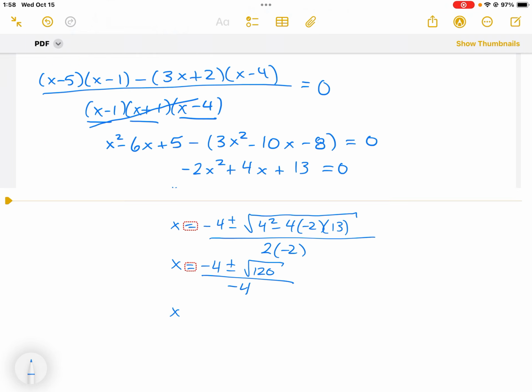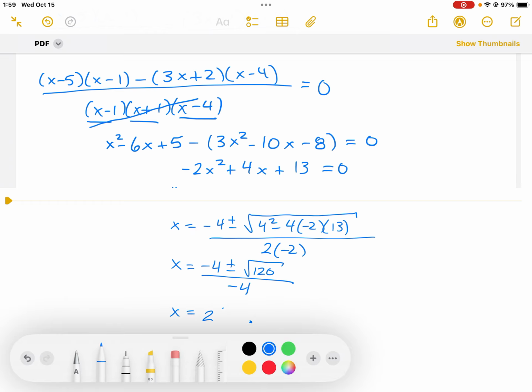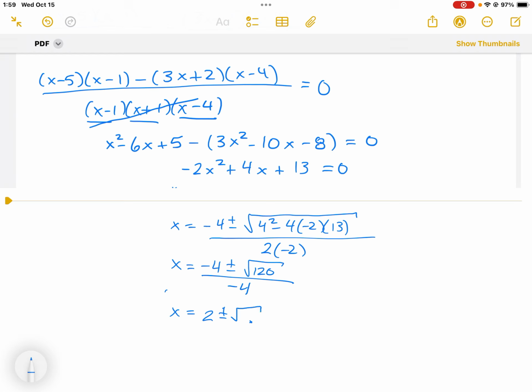You can simplify using radicals all the way to 2 plus or minus root 30 over 2. Okay, for our purposes in class, you can stop here. You could use a calculator to get decimals, or you could use radicals and reduce your answer to 2 plus or minus root 30 over 2.